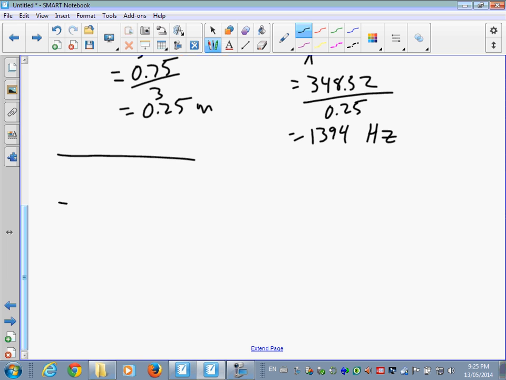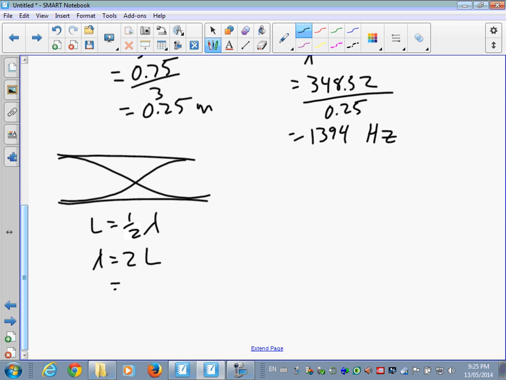So here's our tube. Here's our wavelength for our fundamental frequency. L is equal to half a wavelength, so lambda is equal to 2L, which is 1.5 meters. So that's a much larger wavelength, which means it's going to be a smaller frequency.